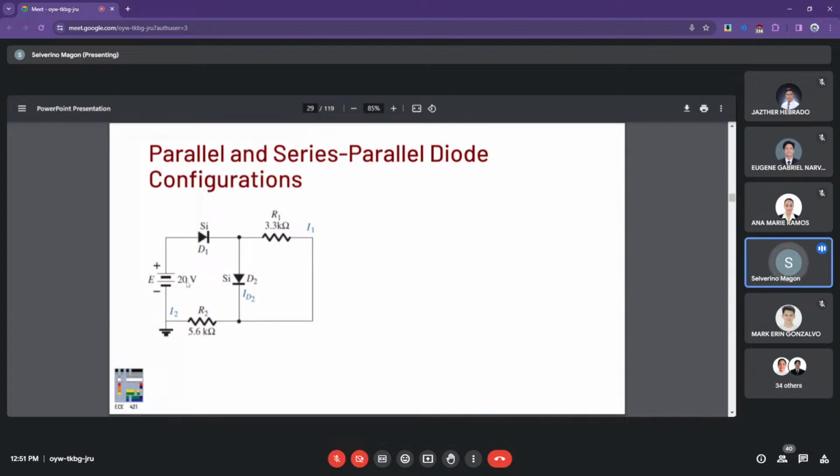We see that the supply 20 volts is a sufficiently large amount. No? So supposedly we can drive both of these diodes, the D1 and D2.